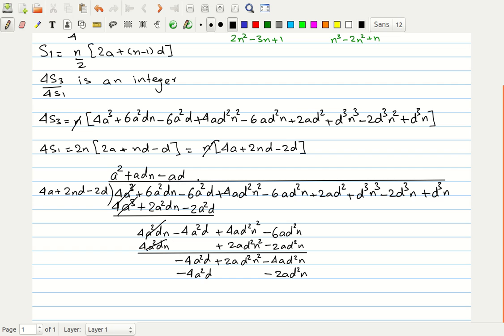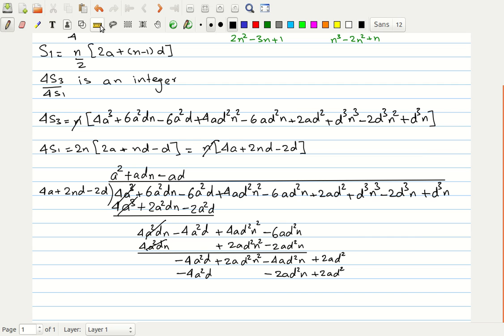Right, and then we get minus 2a d square, minus minus plus, so we have plus 2a d square. We already have 2a d square here, so we bring this 2a d square also.